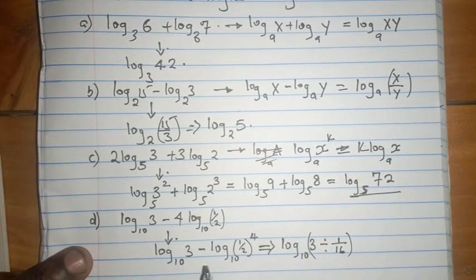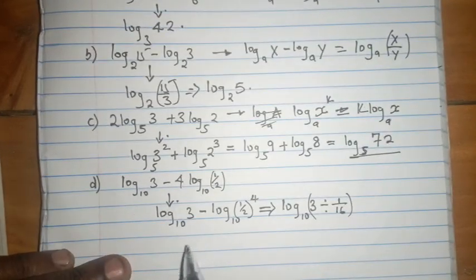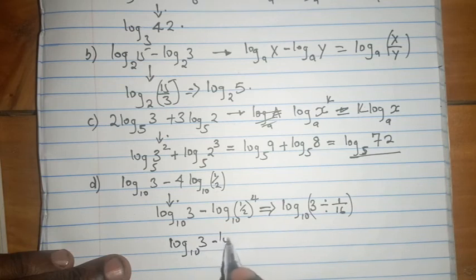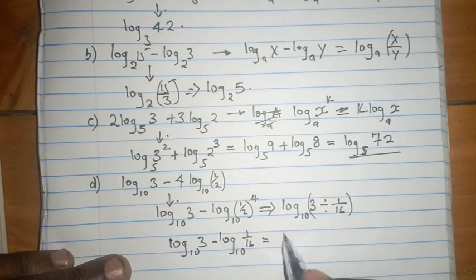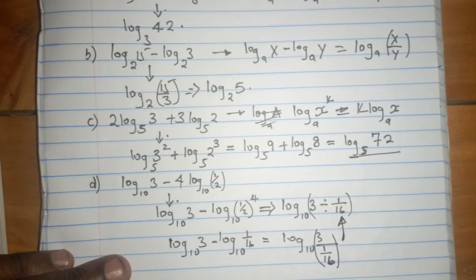It would have been easier if we simplified further, like log to base 10 of 3 minus log to base 10 of 1 over 16. This now would have been log to base 10 of 3 over 1 over 16, which is basically what we have there.